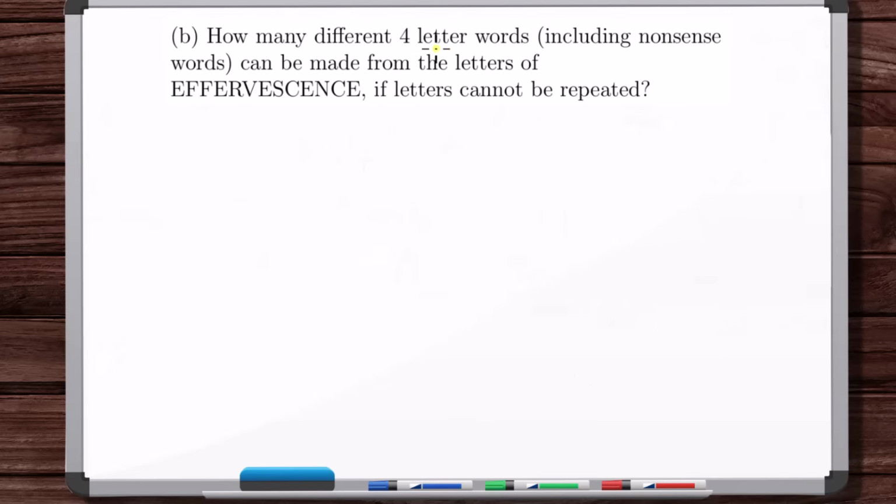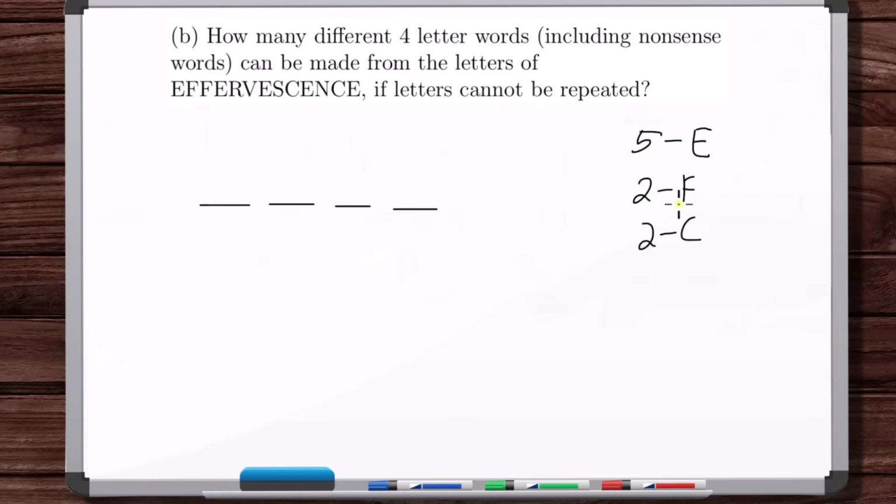How many different 4-letter words, including nonsense words, can be made from the letters of effervescence if letters cannot be repeated? Okay, so once again, we've got 5 E's, 2 F's, and 2 C's. Okay, so we've got a 4-letter word. Now, letters cannot be repeated.